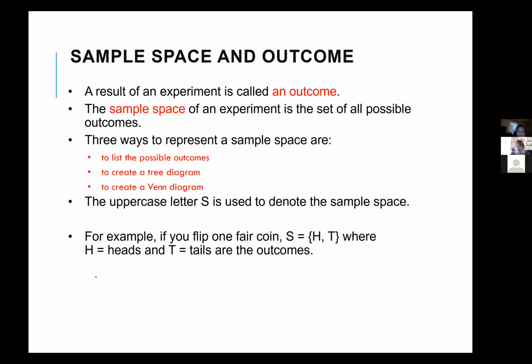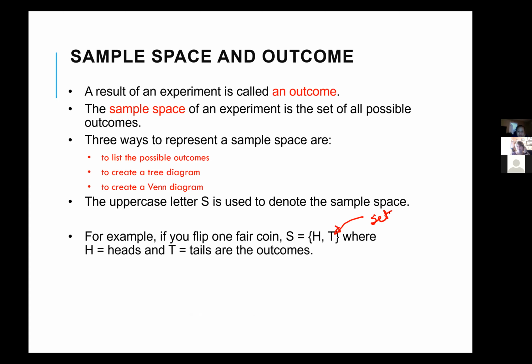So for example, if you flip a fair coin, there are two possible outcomes. You can either get a head or you can get a tail. So your sample space consists of the two outcomes, a head or a tail. And we denote this using set notation.